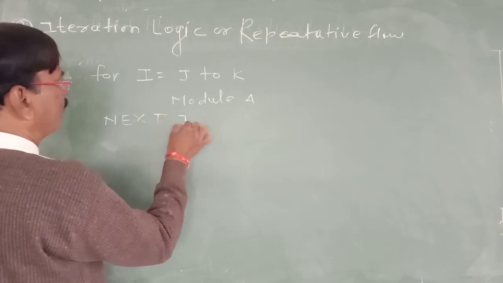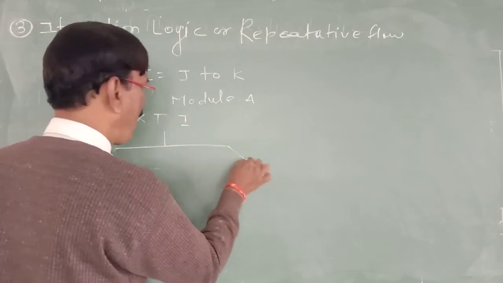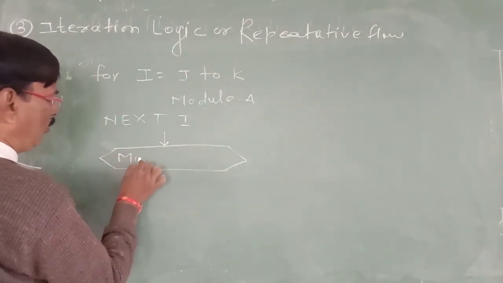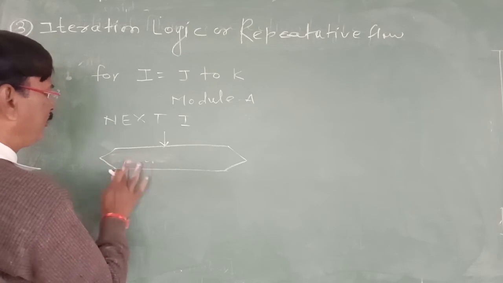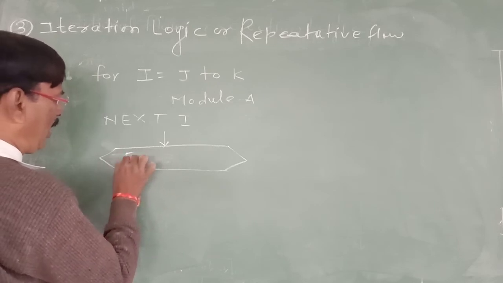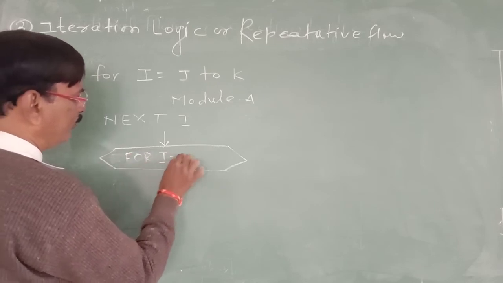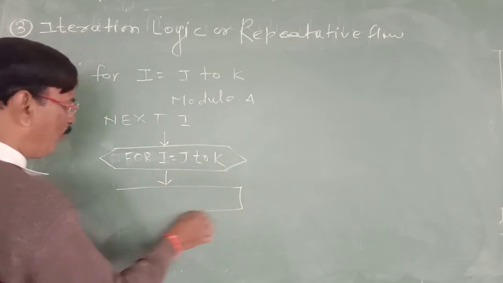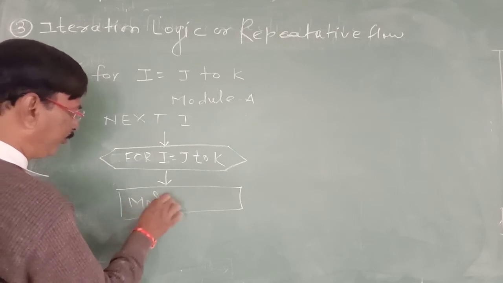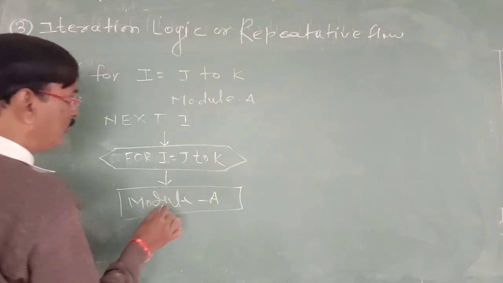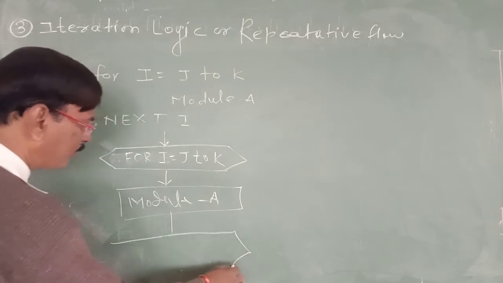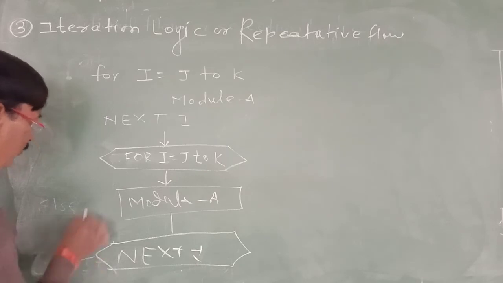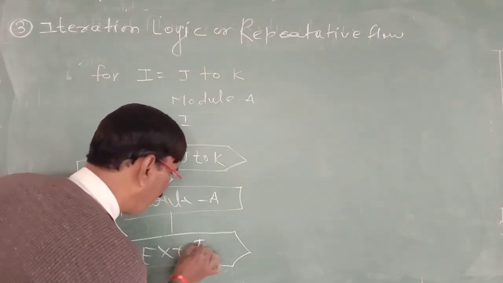So here, for i equal to j to k, what to do? The module is to be executed. Next i.